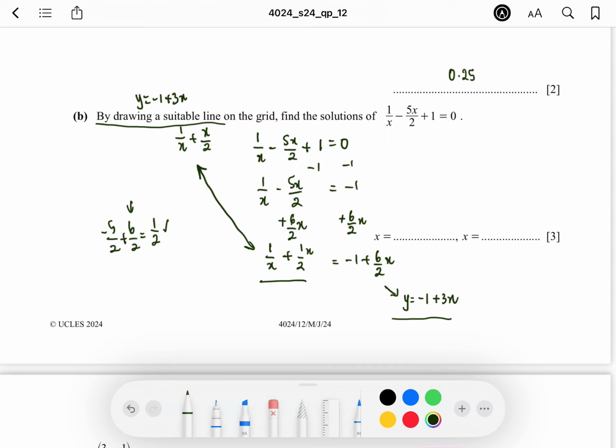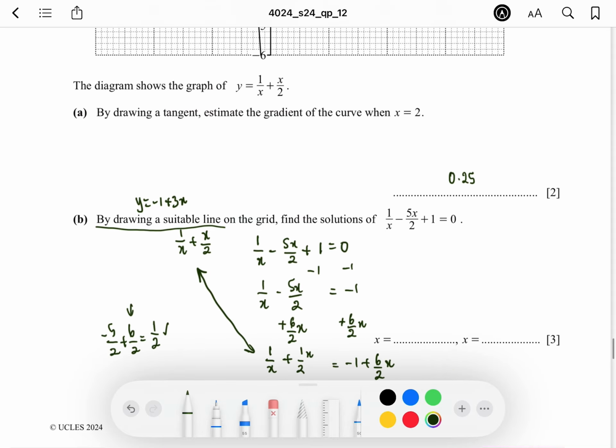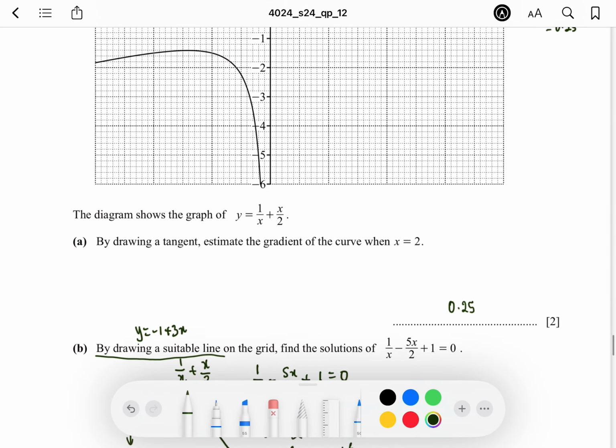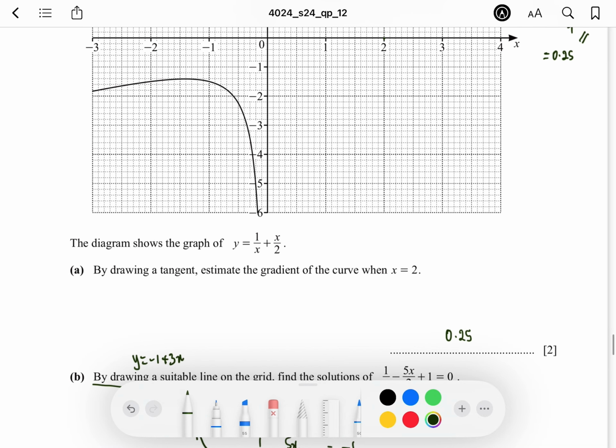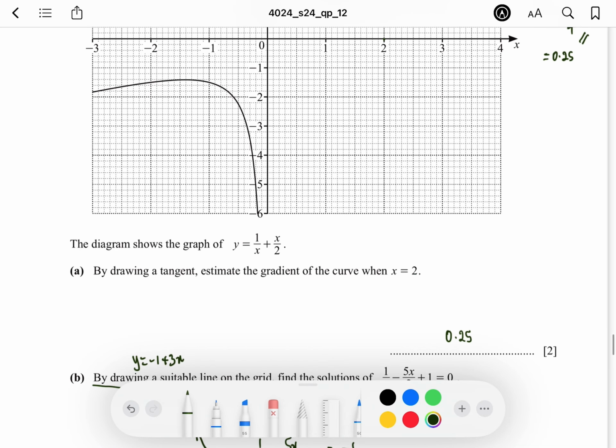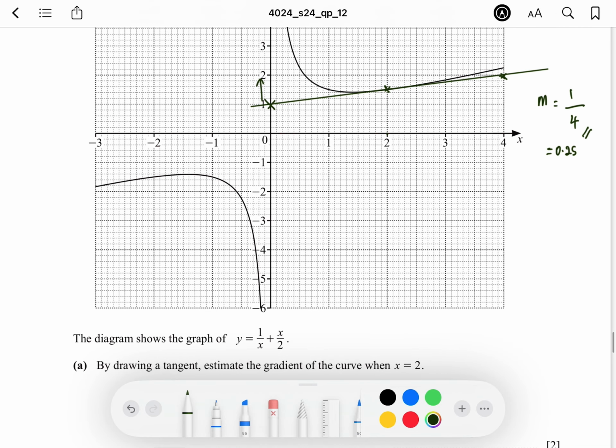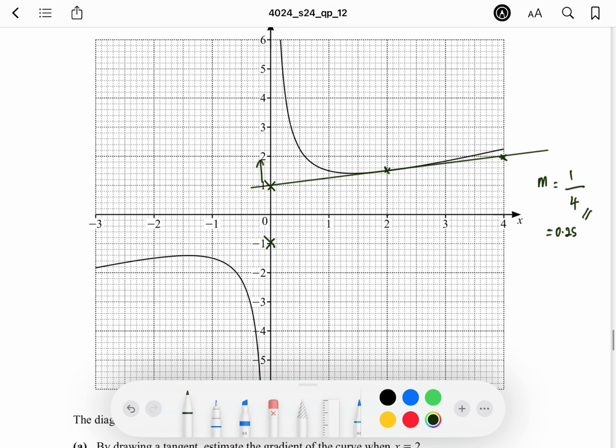Siapa ingat? Apa dulu dibuat? Minus 1 dulu. And then 3x. 3x means rise over run. Rise-nya berapa? 3.